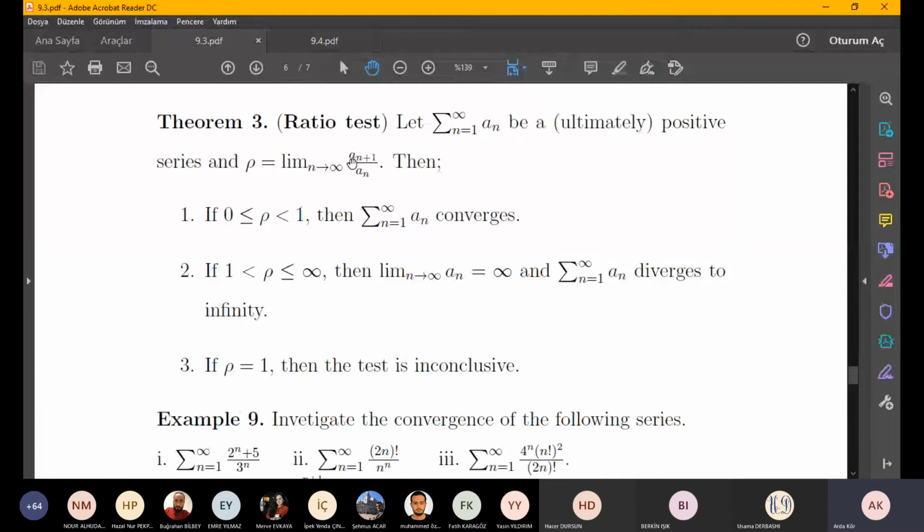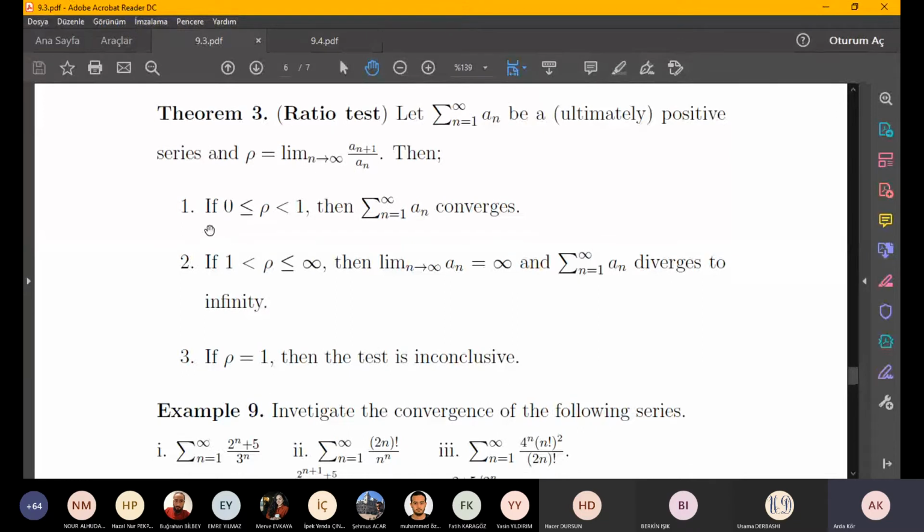So you have the ratio of the n plus 1 term by the n term. And you have these hypotheses.